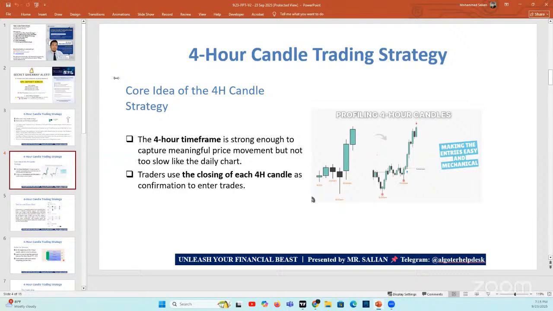A daily candle will take one full day to close. Traders use the closing of each 4 hour candle as confirmation to enter trades. This is very important. The closing of each 4 hour candle.